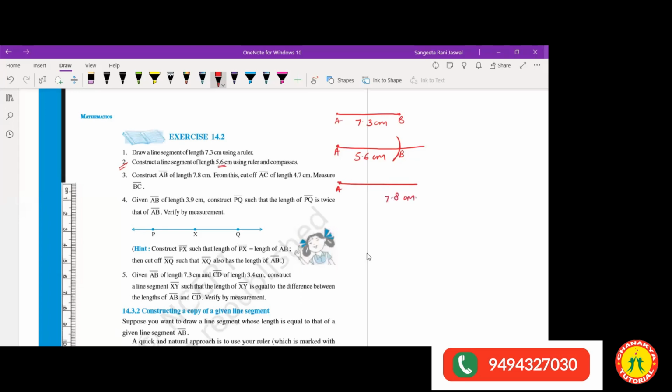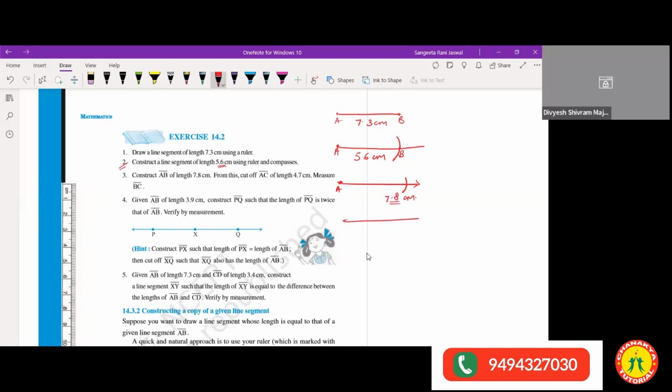Keep the compass needle at A, open the compass to 7.8 centimeters, and mark an arc like this here. At 7.8 centimeters, you marked an arc.